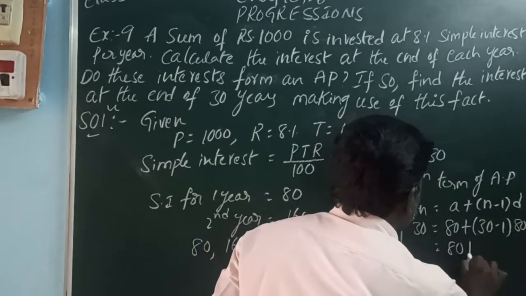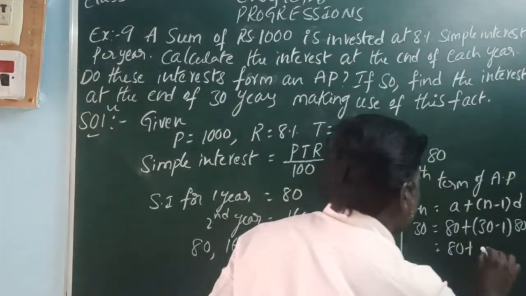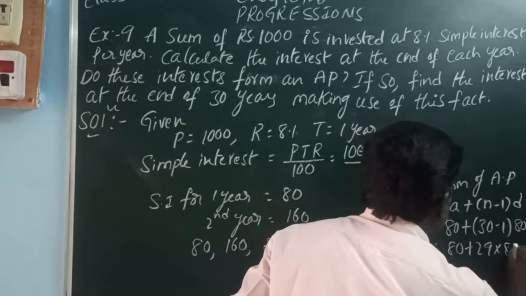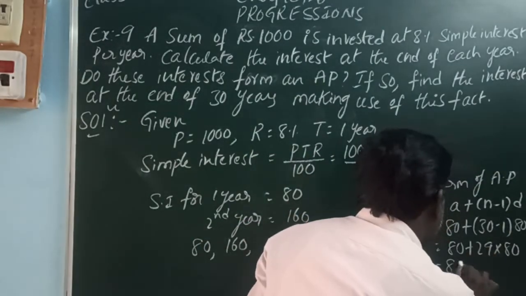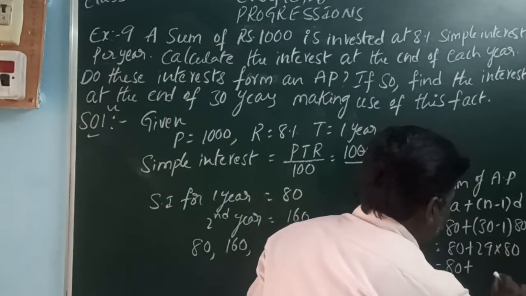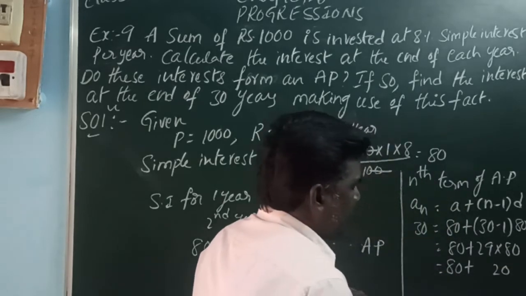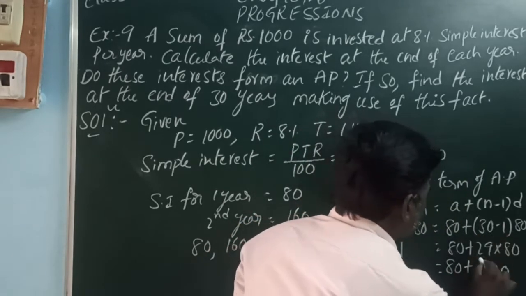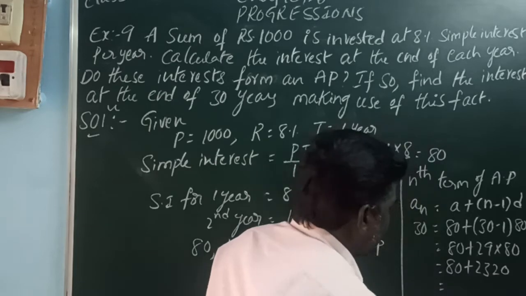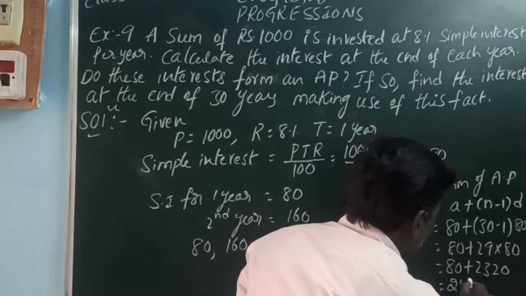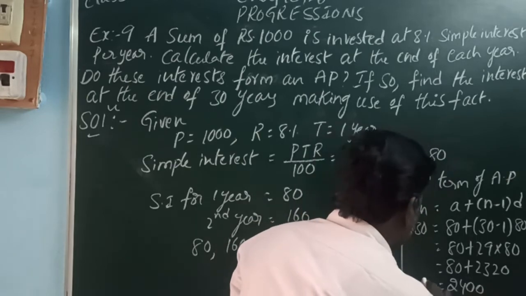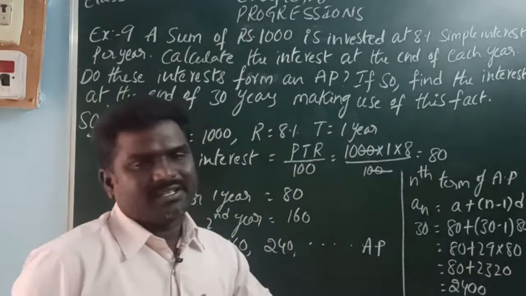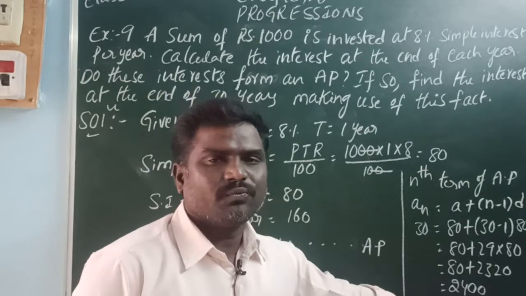So 80 plus 29 into 80. 80 plus 8 nines are 72, 8 twos are 16, 23. Here 240, 80 plus 2 threes are 20, that is 2400. So at the end of 30 years, the interest is 2400.